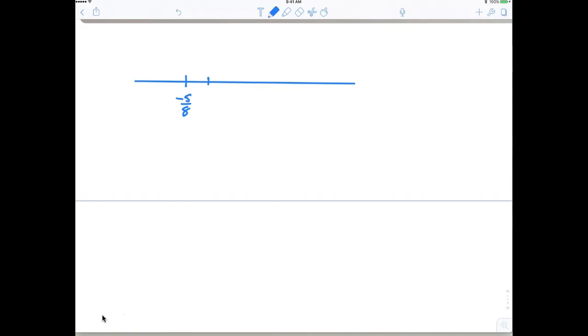Then this point right here is going to be -4/8. The next one's going to be -3/8, -2/8, -1/8, then 0, and then 1/8. All right, so now everybody take a look at that.